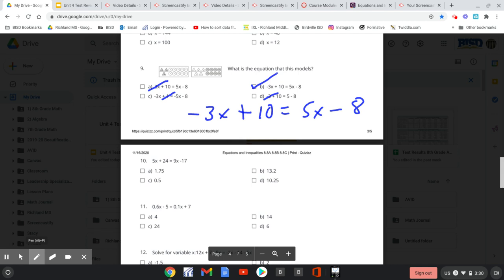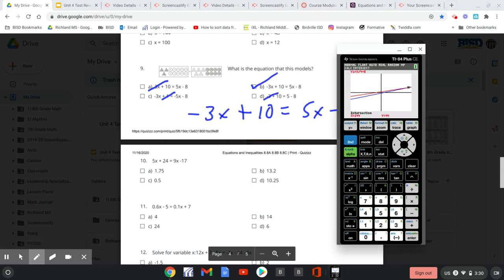Let's look at number 10. Pull your calculator up, hit y equals, and you're going to put in 5x plus 24, enter, and you're going to hit 9x minus 17.